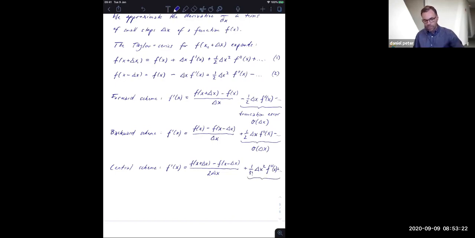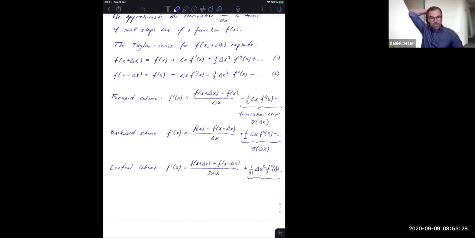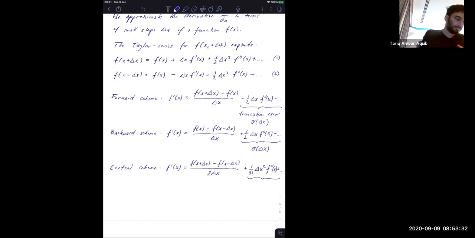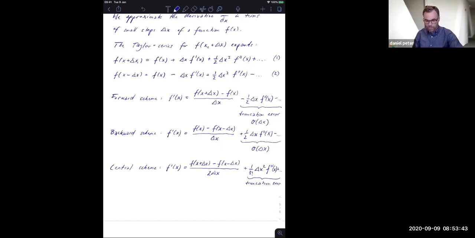So if you look at now the truncation error that we're going to make for the central scheme, it depends now on delta x squared. So we can say here truncation error, when we ignore these higher order terms, changes in this case with delta x squared.